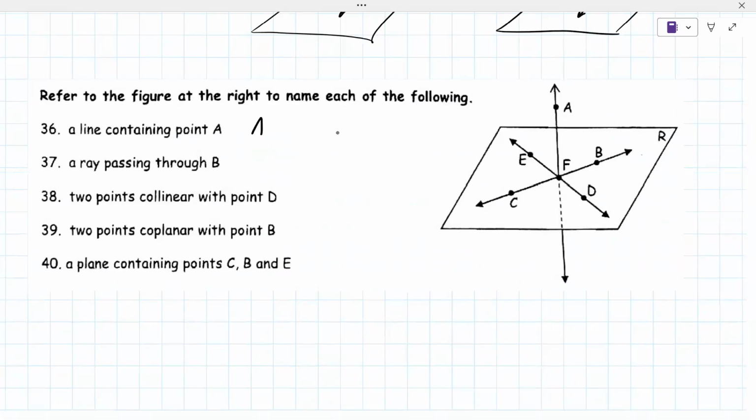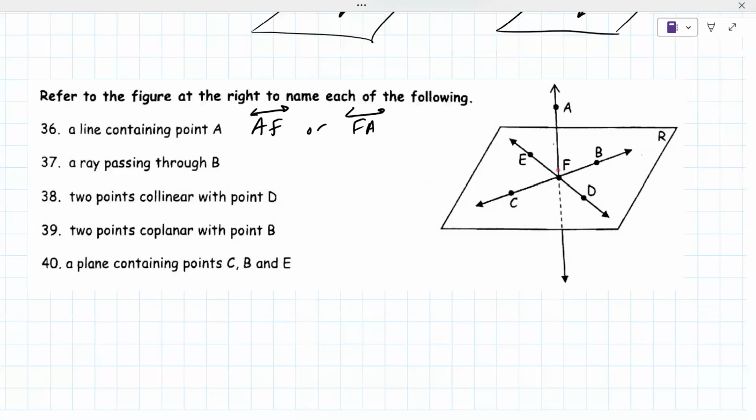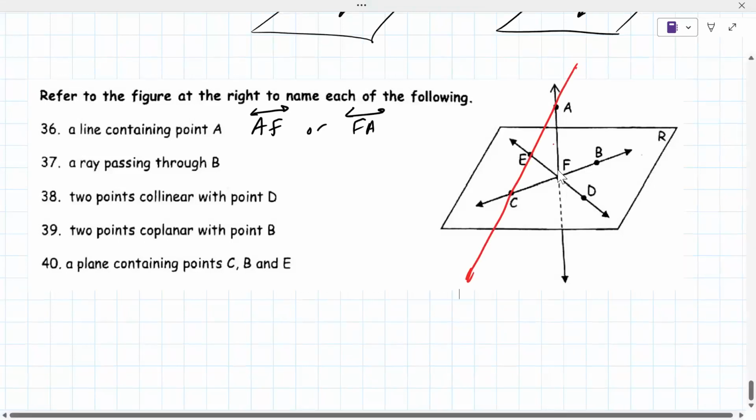So the answer here is AF with a line above it, or FA. That would be okay as well. What I don't think you're supposed to do, and this is where you might check with your teacher, is make up a line like AC. I don't think you're supposed to do that, but you might ask.